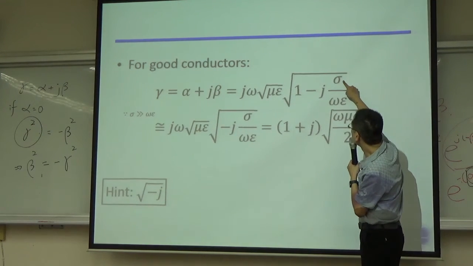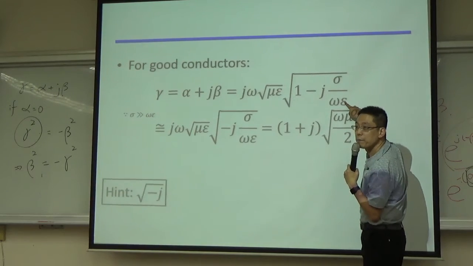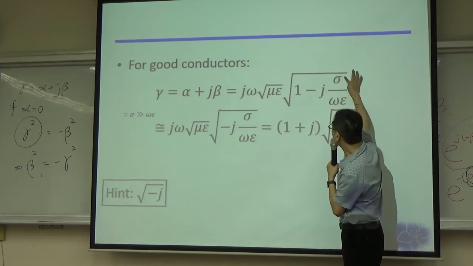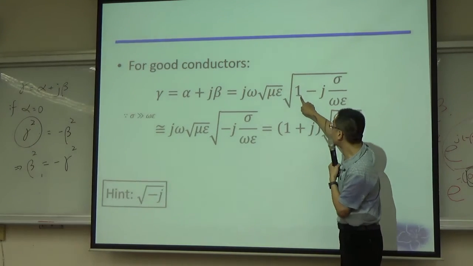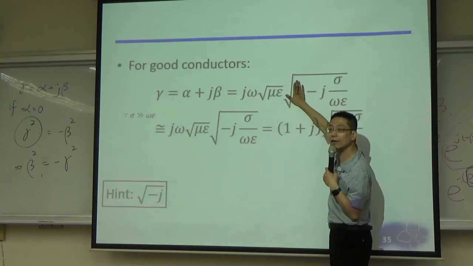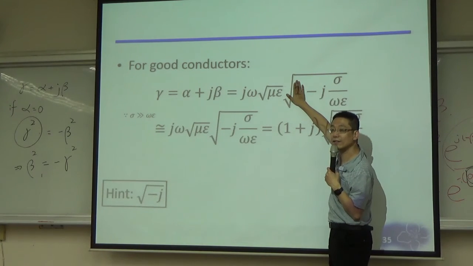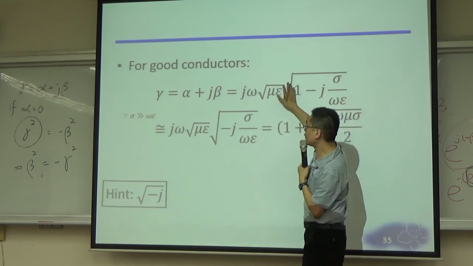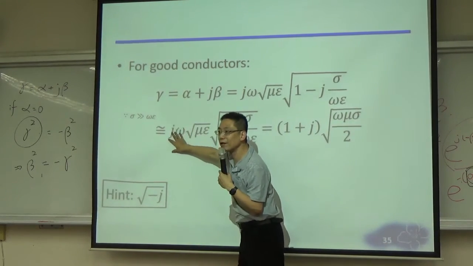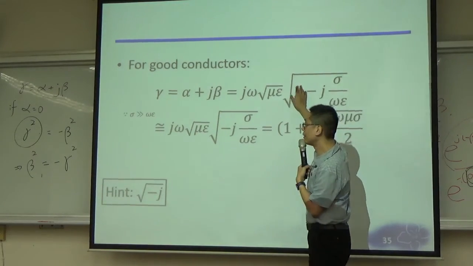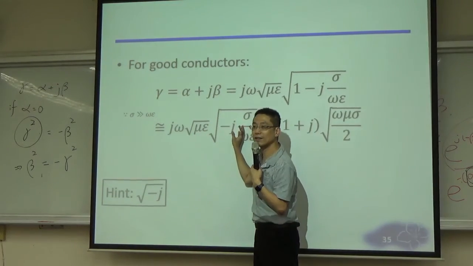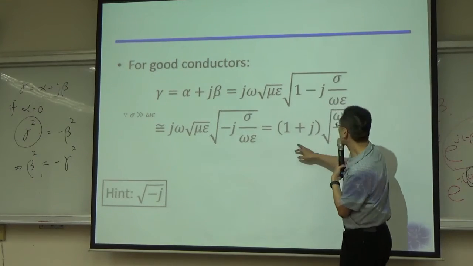This one larger than this one means the whole term is larger than 1. So you don't see this one. 1 is negligible. It's neglected. Then your equation becomes easy to understand because you don't have this one. Then you can take everything out. Then you will obtain this one.